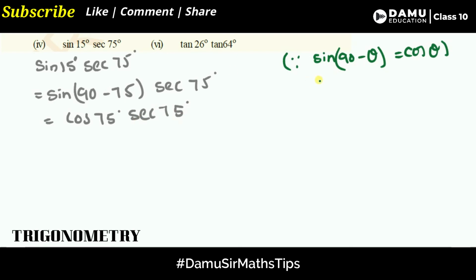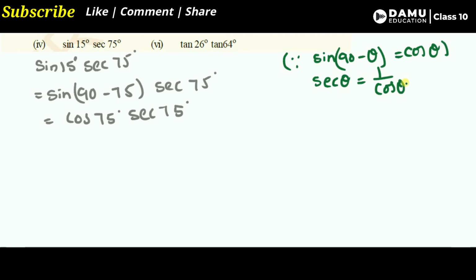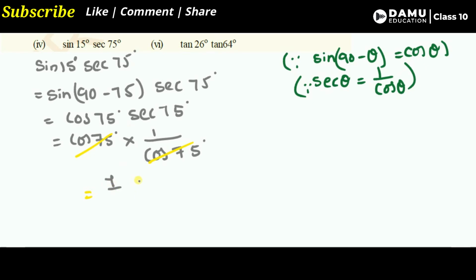Secant theta can be written as 1 by cosine theta. So cosine 75 degrees into 1 by cos 75 degrees. Let's cancel both values. The final answer is equal to 1.